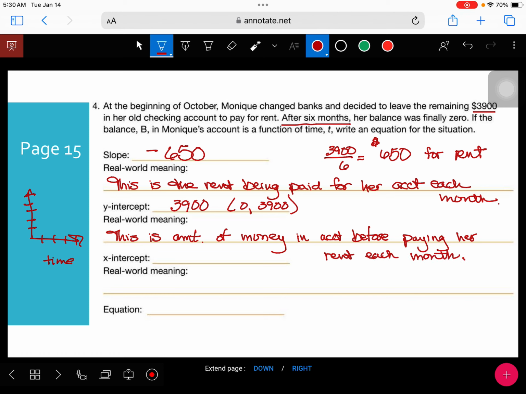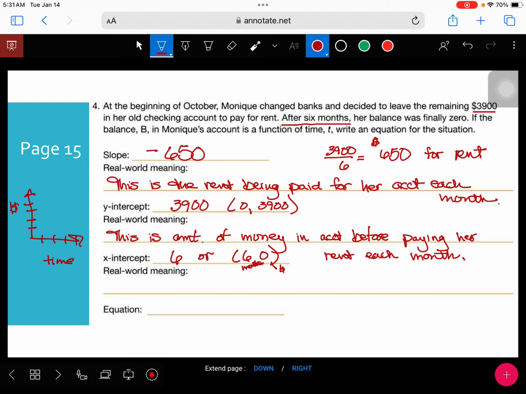Okay, the x-intercept is the amount of money that she has over time, and it says after 6 months, so her x-intercept is 6, so after 6 months she's going to have $0 left.